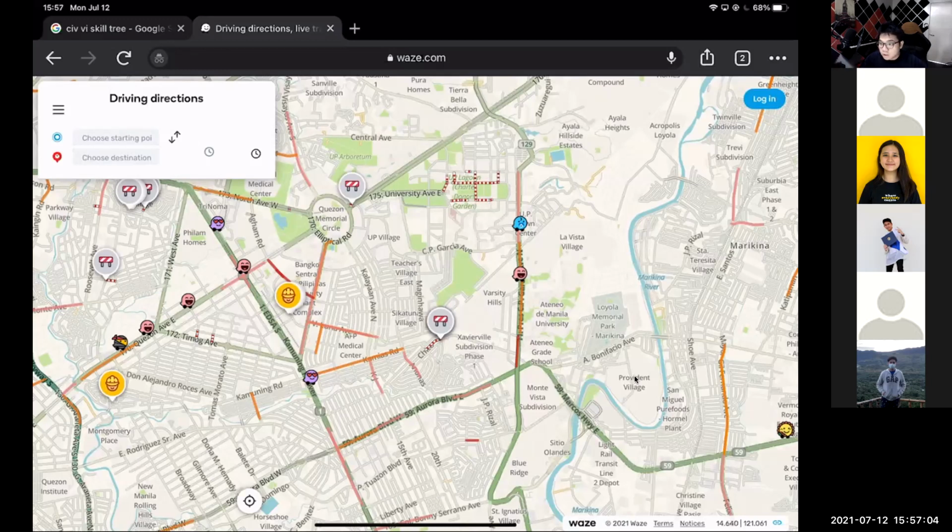That could be added cost to your vehicle, to your travel time. So it's not just purely travel time. You also have to take into account if you have, let's say, a UP sticker and you can cut through UP. You have to take into account those other variables. So edges can denote so many other things, not just time or cost, but a variety of other features.